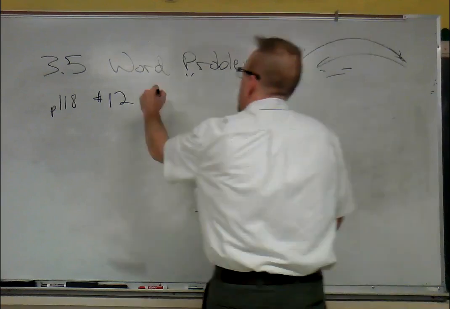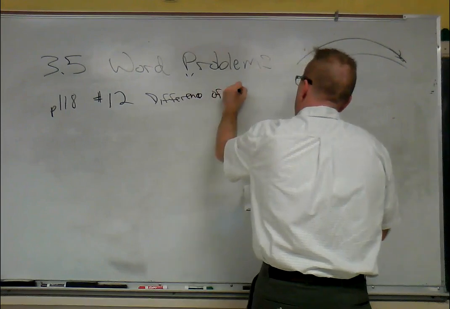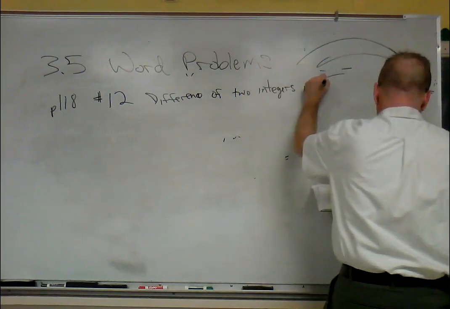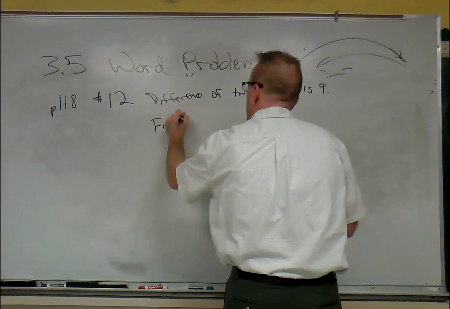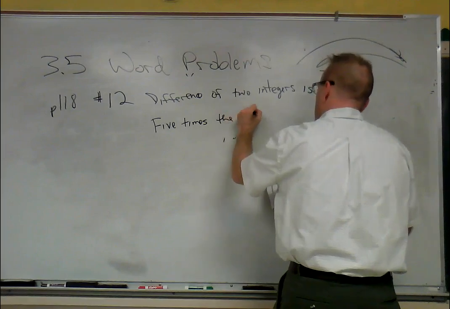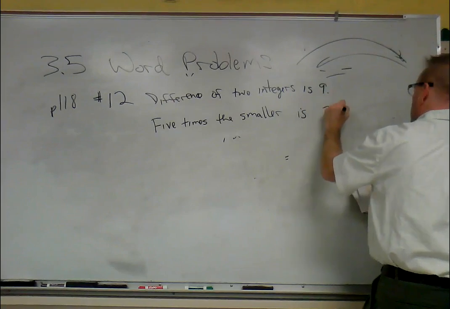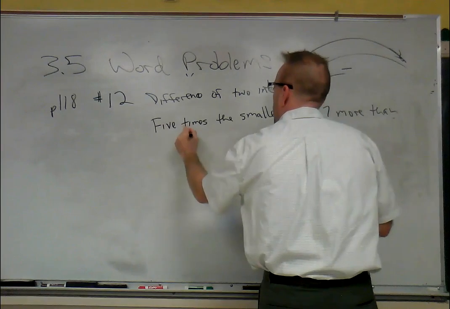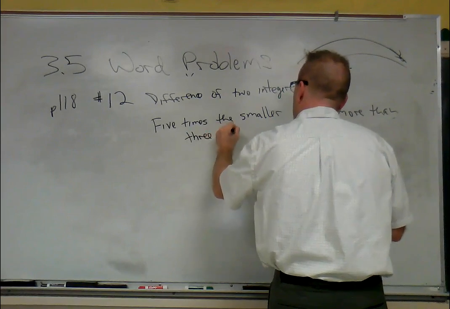It says the difference of 2 integers is 9. 5 times the smaller is 7 more than 3 times the larger.